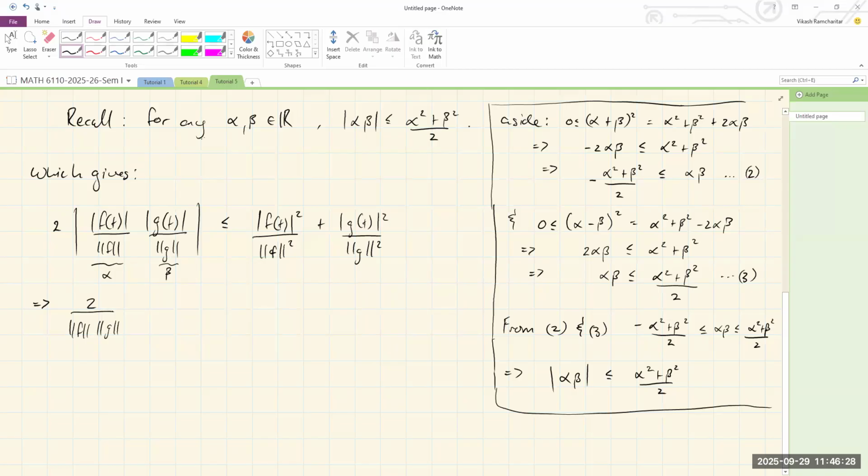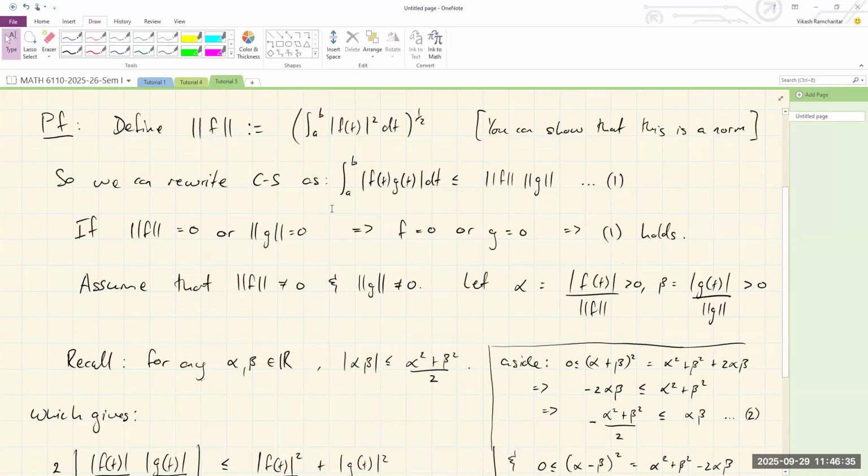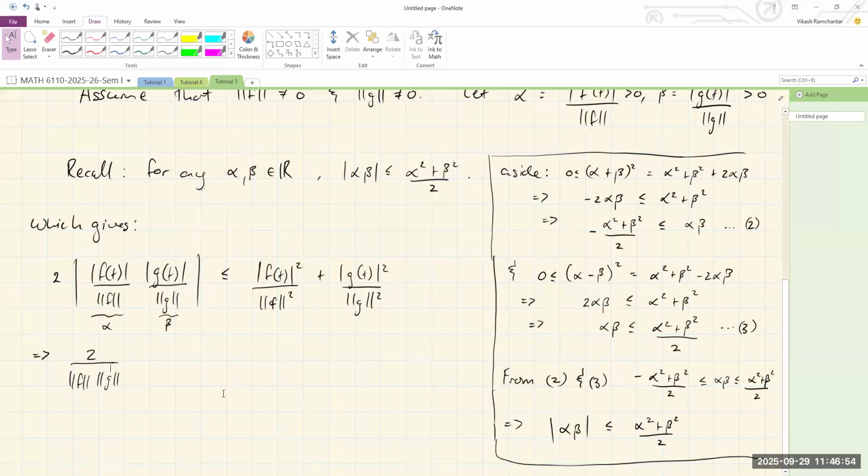Remember, norm f and norm g are just numbers, because norm f is the definite integral of the modulus of f squared over the domain a to b, and then you square root that. So when you work out what norm f and norm g are, that's just a number. So they are just fixed numbers, and we could pull those out from the modulus.